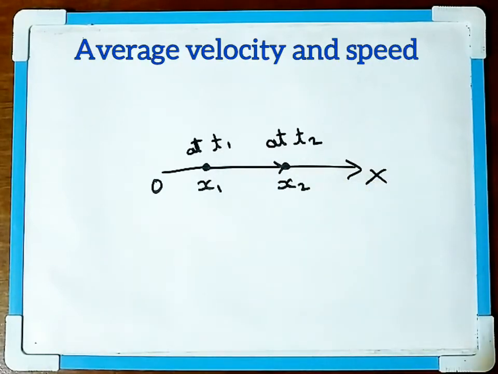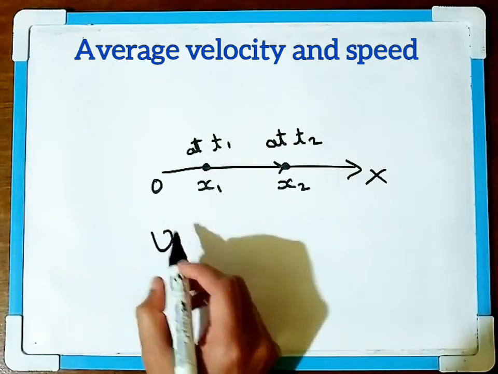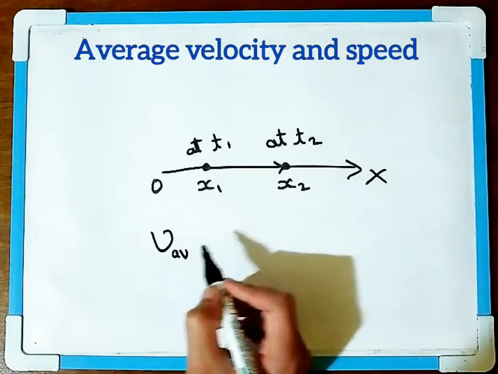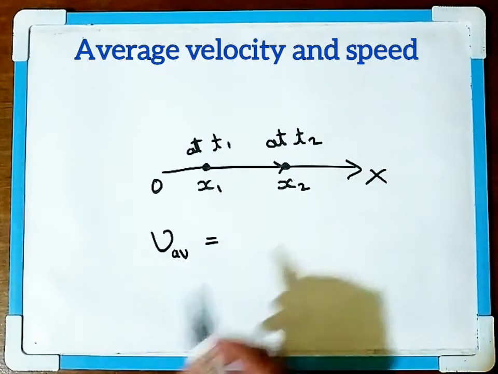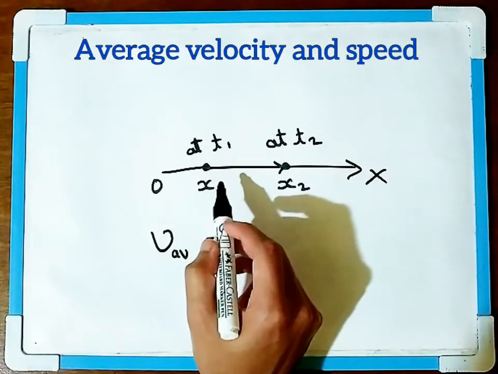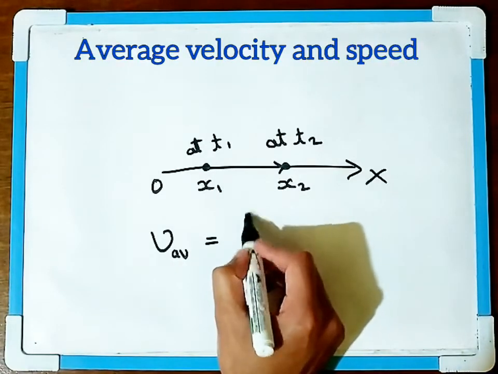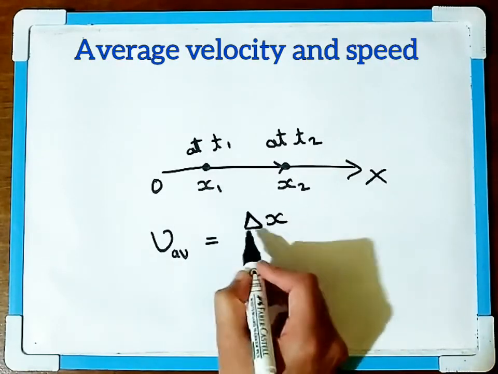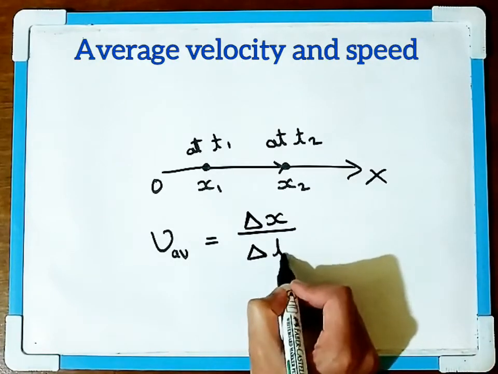So the average velocity in this case will be defined as, it is denoted by V_AV. This average velocity is defined as the change in position or the displacement, which is denoted by delta x, divided by the time interval delta t.